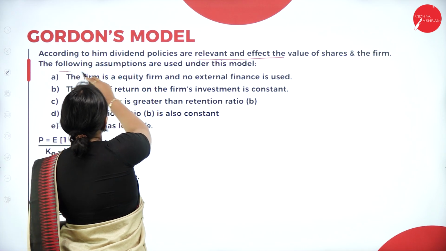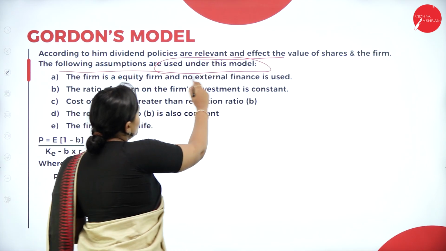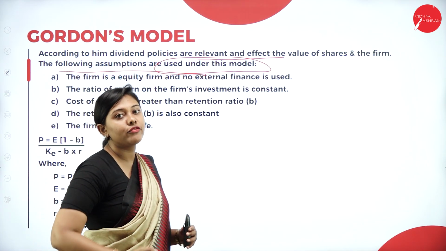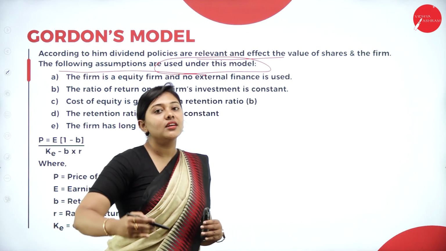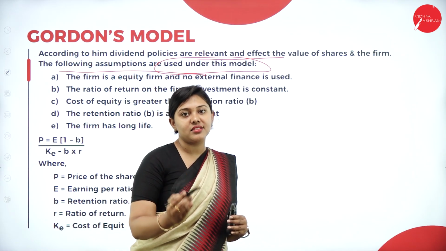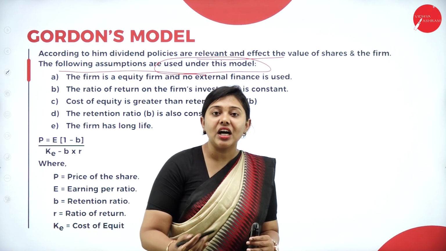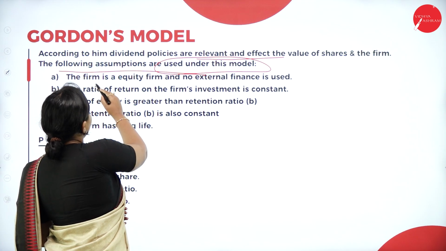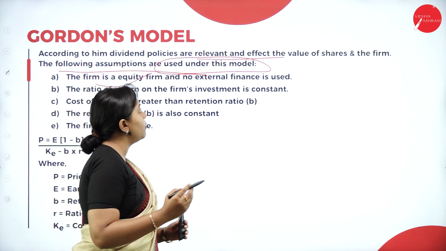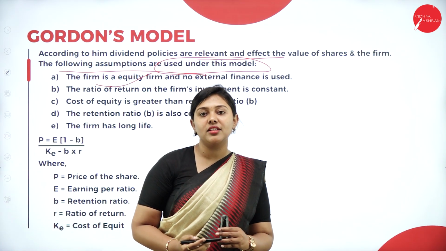The following assumptions are used under this model. As I have told you, the experts provide the theories, and those theories are based on certain assumptions. Now let us look at the different assumptions. The first assumption is that the firm is an equity firm and no external finance is used.